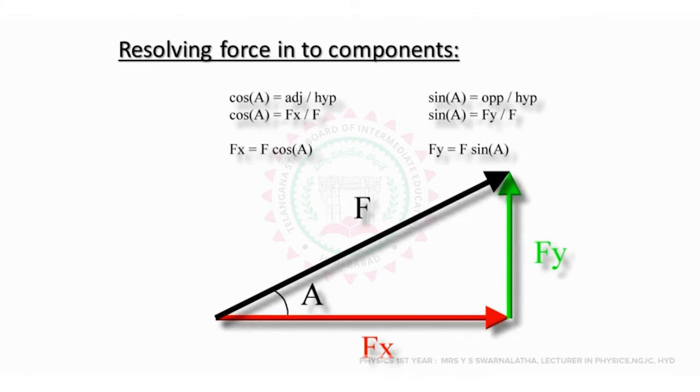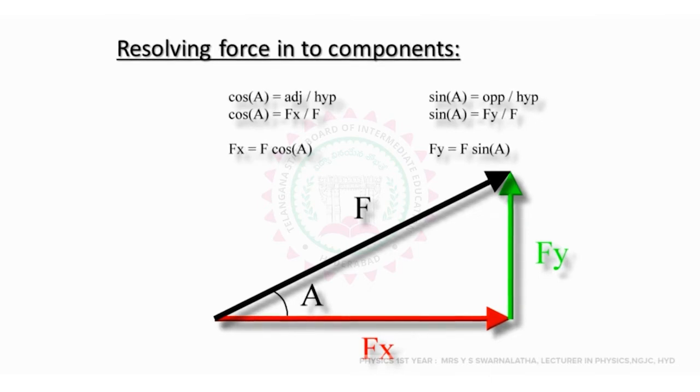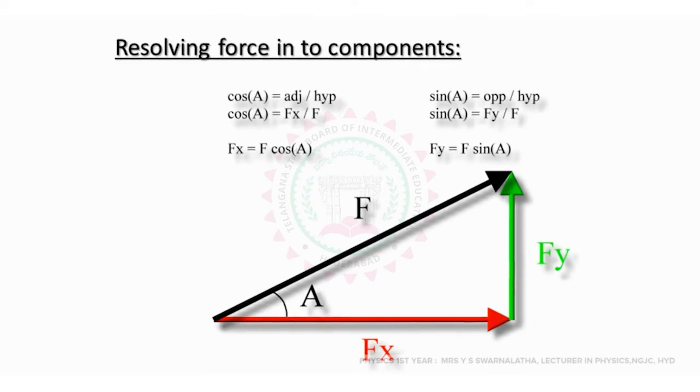What is cos A? Cos A is adjacent to angle A by hypotenuse. So adjacent is fx by hypotenuse is f. అంటే cos A is equal to fx by f. So fx is equal to ఏమని రాసుకోవచ్చు? f cos A. So fx is horizontal component and it can be written as f cos A.